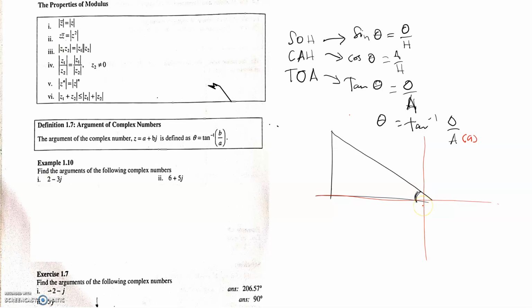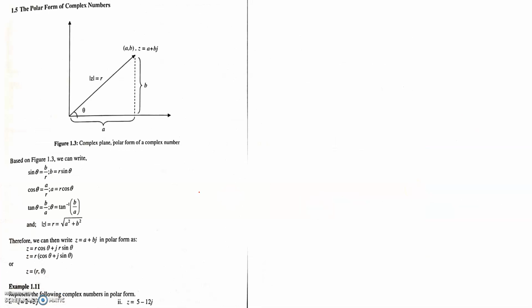The opposite is this one, which is equal to y, which is our B. That's why we use tan inverse, because the information available to us is B over A. That is the idea.